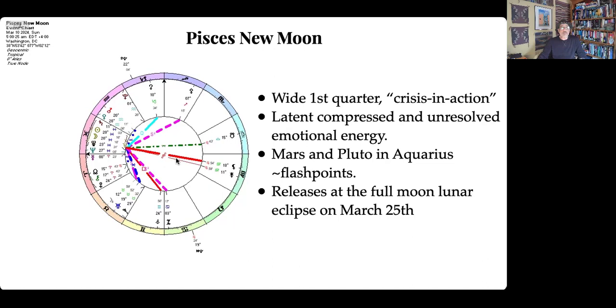This is a wide first quarter crisis in action square. Crisis in action was a term coined by Dane Rudhyar. It means that we've come to the first hard angle of this cycle, and we must now choose from all of the things that we've experienced up till now to decide how we're going to go forward.